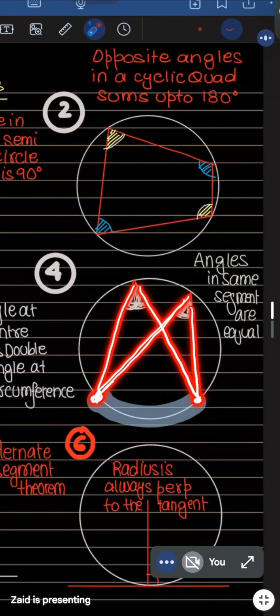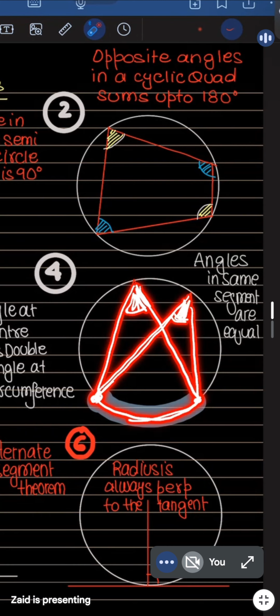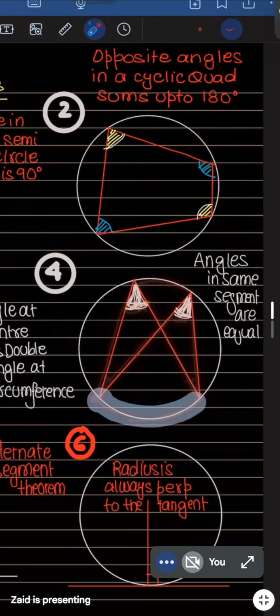When this is happening, two different angles are formed, and they are lying in the same segment of the circle. So these two angles are going to be equal, and these two angles are going to be equal because they are lying on the same segment of the circle. Okay?